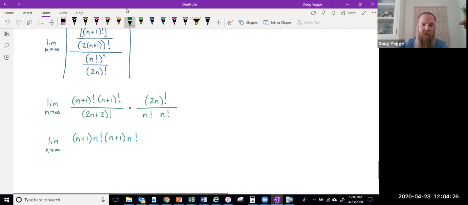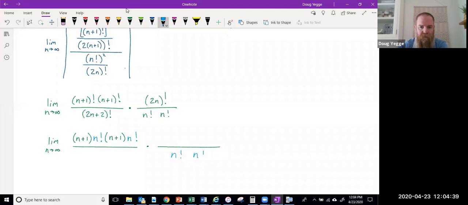But before continuing with the rest of this, I'd like to realize that the denominator on the other side has the n factorial times n factorial. And so this is why the ratio test is good for factorials, because the ratio test will cause all the factorials to cancel.